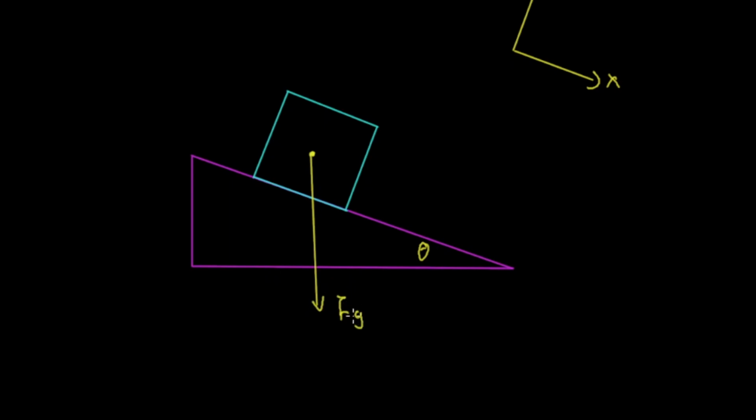And of course, there's always a normal force exerted by the surface of the ramp onto the block, which is here, F sub n. And of course, there's a force pulling the block down so that it goes down the ramp. And the force that's pulling the block down will be the gravity force that's pulling the block downward. So we call that F sub gx.